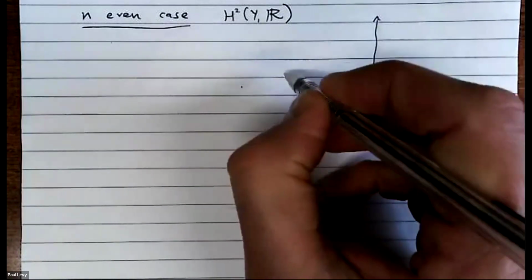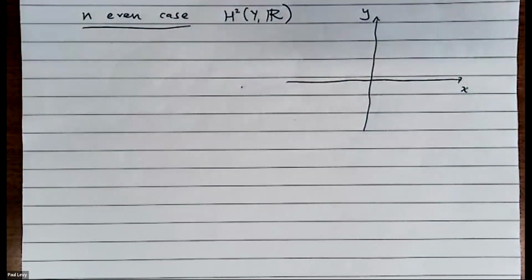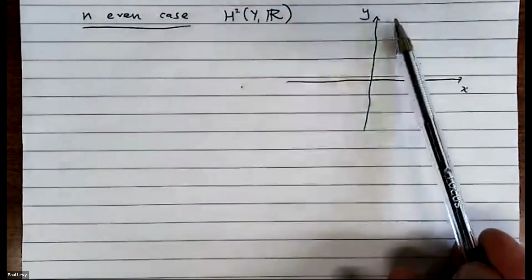So for the even case, I'm going to draw a picture which is the H2 space, right? It's two-dimensional, and Travis, need to remove the screen.